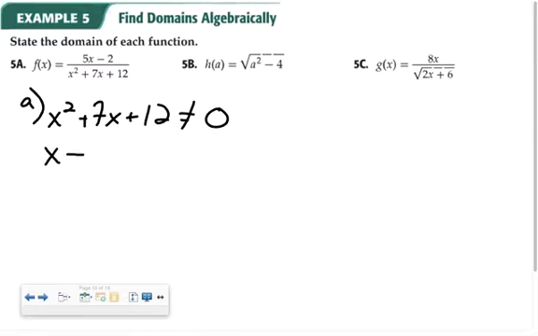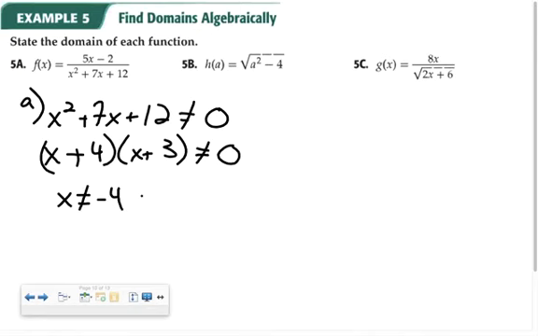So we kind of lucked out, it factors to x plus 4 and x plus 3, that can't equal 0. So that means either x cannot equal -4 or x cannot equal -3.